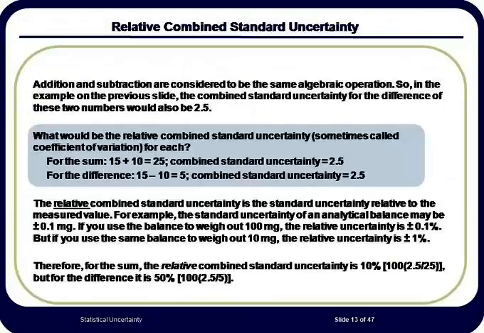The relative combined uncertainty for each measurement is different. The relative combined uncertainty takes the combined uncertainty and divides it by the final output estimate. If we do this for the two separate functions of addition and subtraction for the examples shown, for the addition function, the relative combined uncertainty is 10%, but for subtraction, it is 50%.